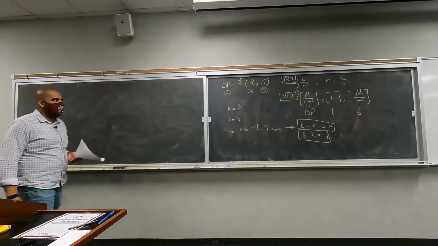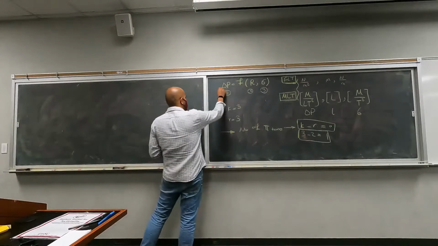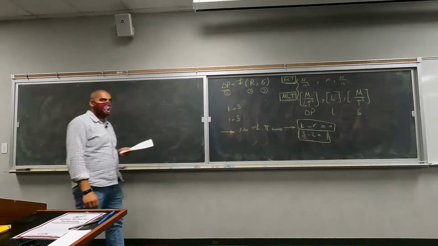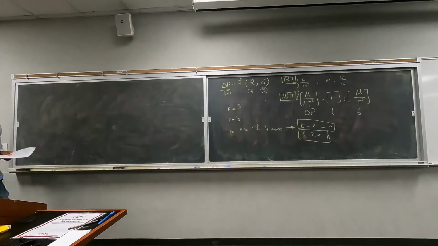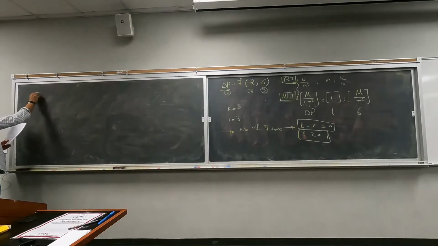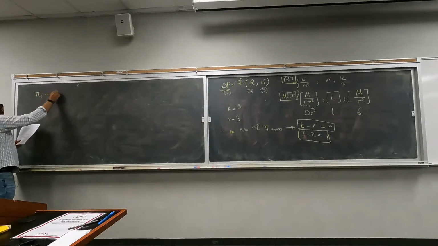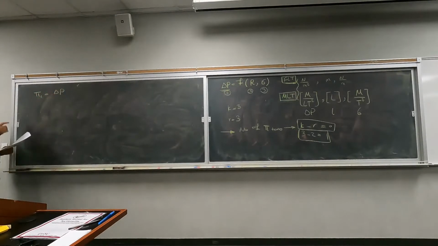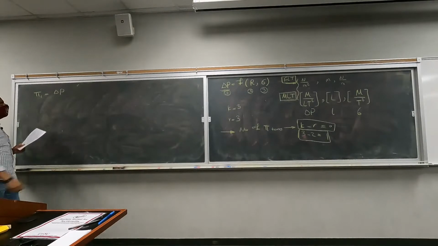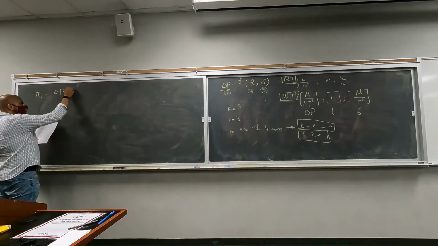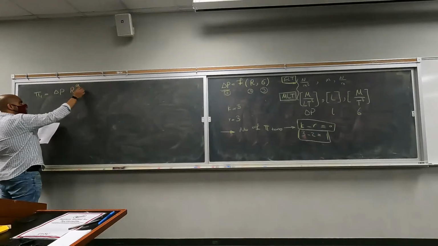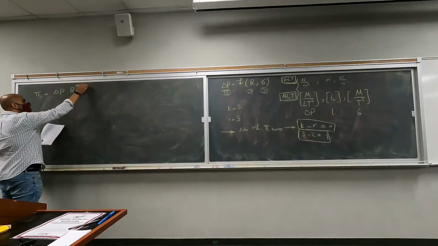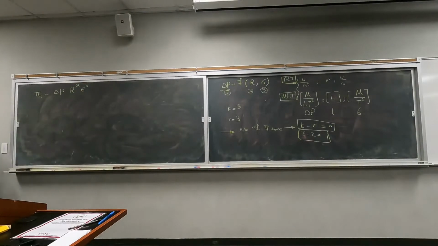Since delta p is a primary focus for us, we are going to assume it is non-repeating. It means its power is 1; it doesn't go to the power a or anything. So we're going to get delta p multiplied by r to the power a and sigma to the power b. Does this make sense?